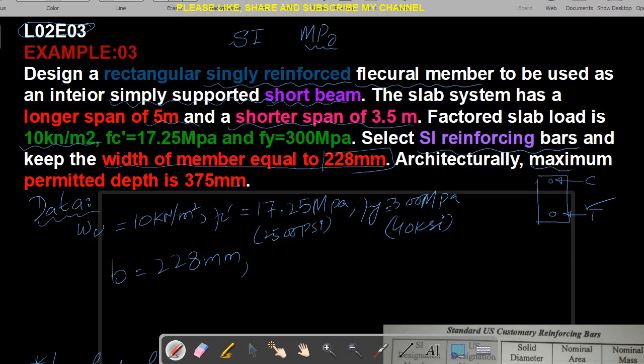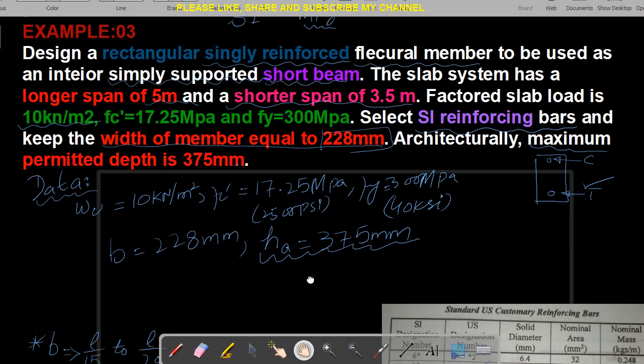Architecturally, maximum permitted depth is HA, which is 375 millimeter. This is important. We can't increase the depth from this depth, right? This is important.